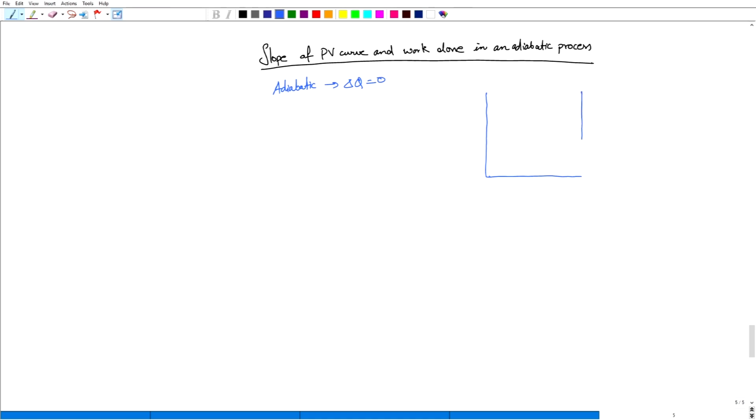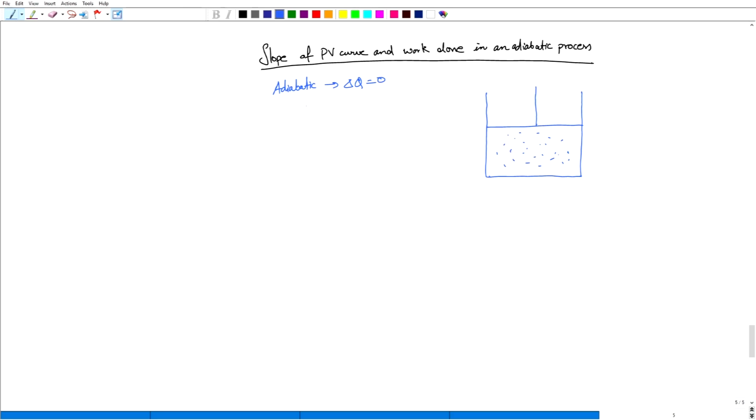So we are having a system where you are giving heat, so basically Q is 0, so there is no heat exchange.